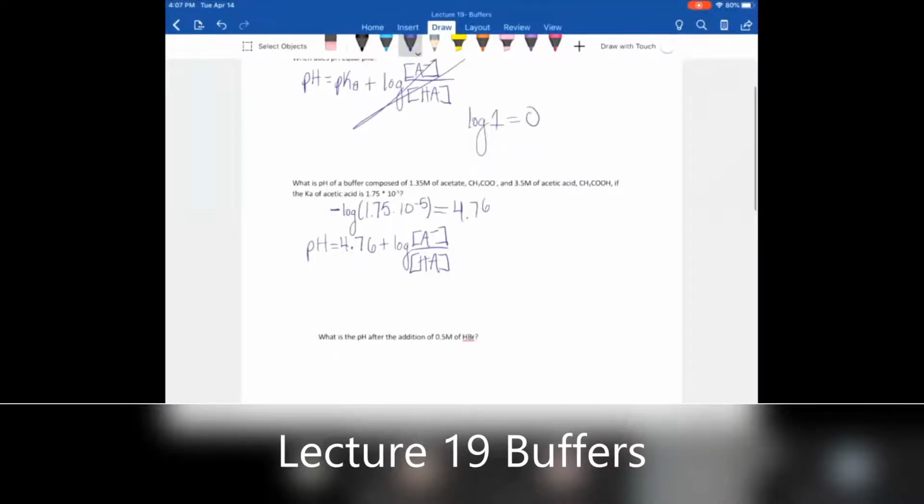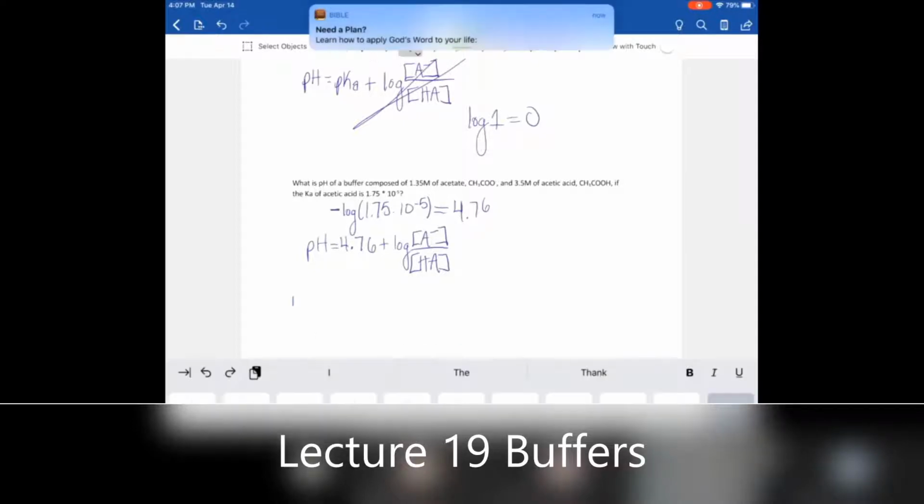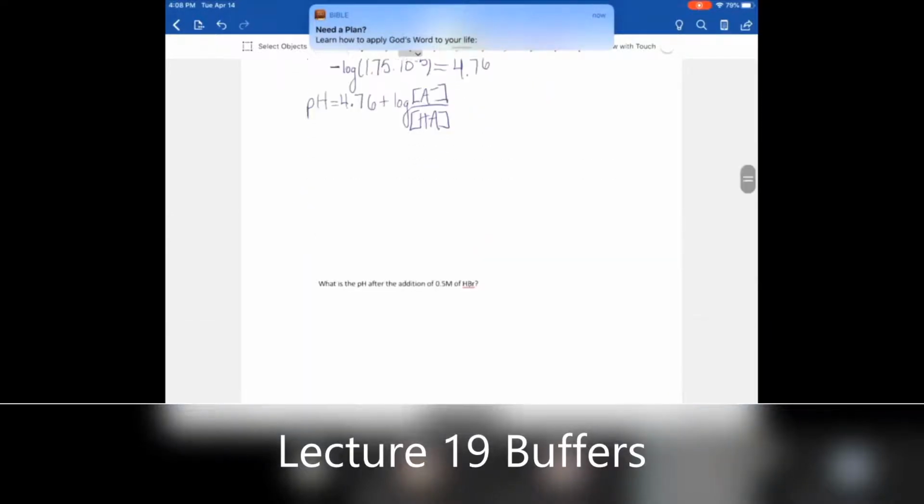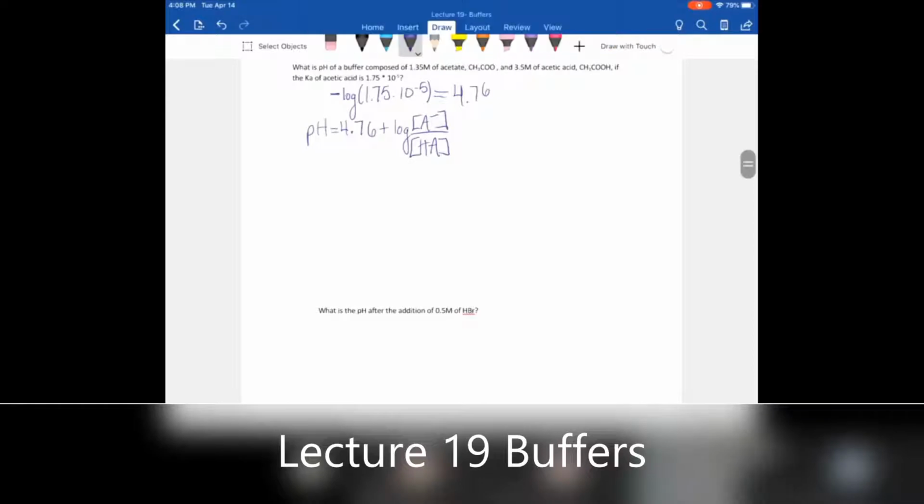Okay. So what is the A minus? Is that acetate or acetic acid? So then your HA is acetic acid. I know some people get that confused. I remember somebody told me they thought A was acid, because A for acid, but that's not it.